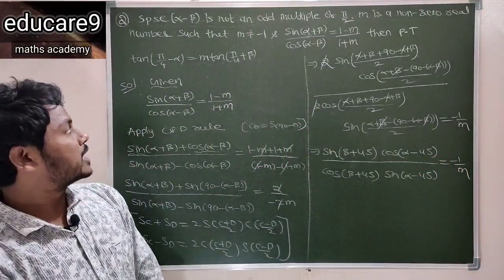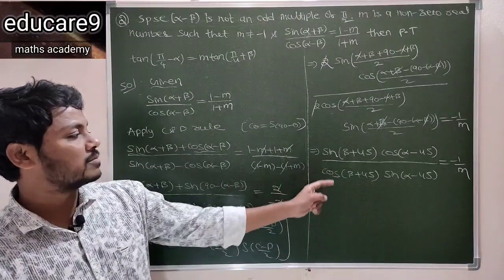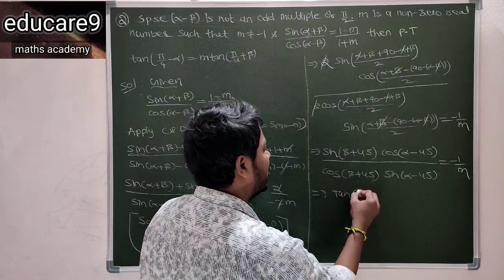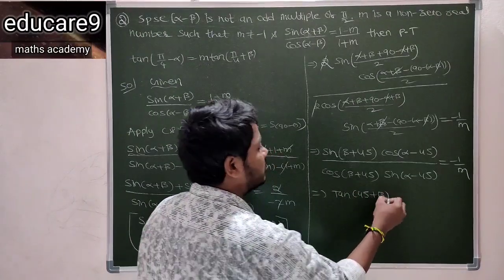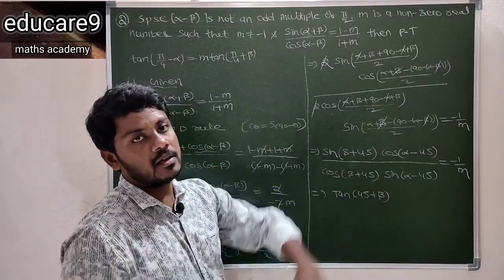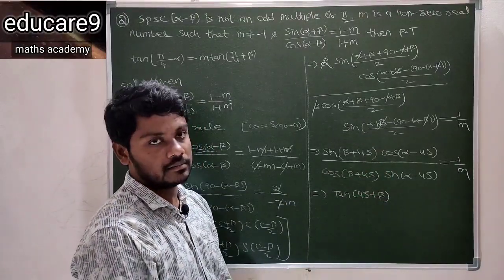Okay. Now this can be written as sin by cos, that is tan of 45 plus beta. So divide this. So cos by sin can be written as 1 by tan.